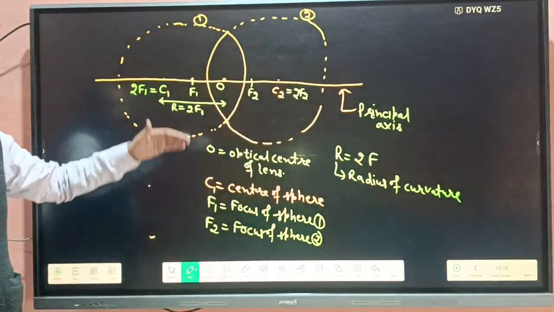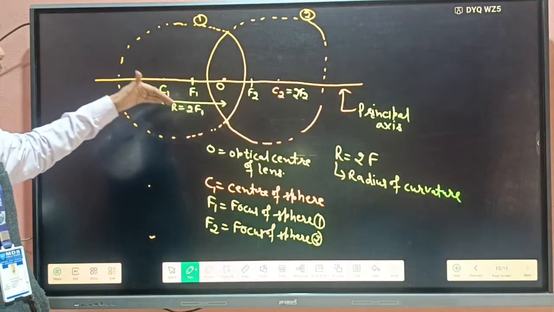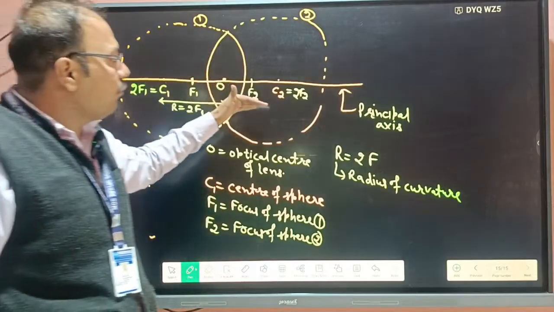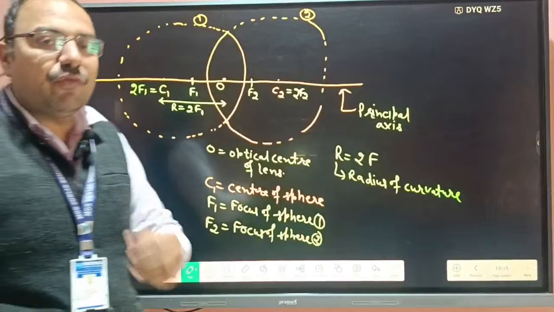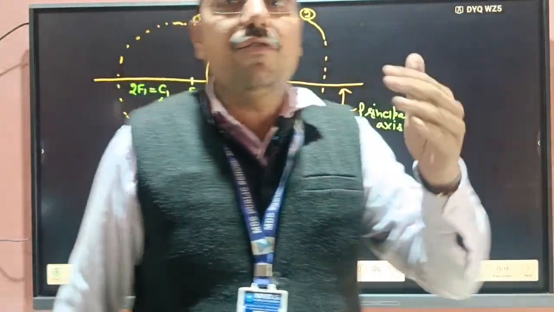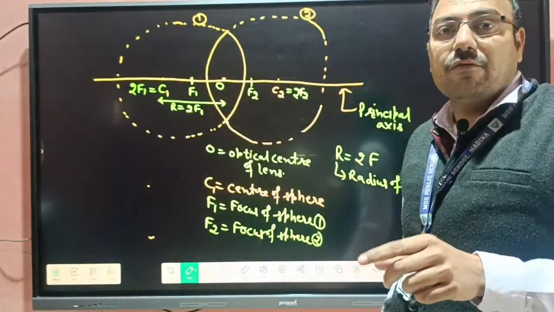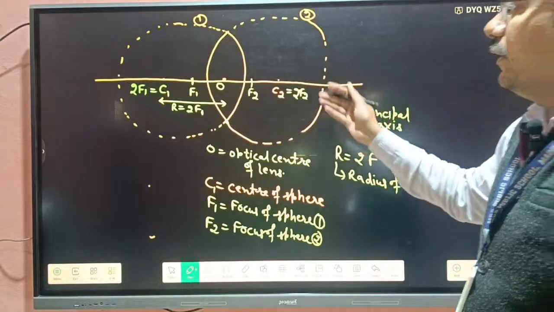Okay, so here we write points in terms of F1 and 2F1 and F2 and 2F2, in terms of focal length. But in case of a mirror, we write C, center of curvature, and focus F. So here we simply write in terms of focal length, F1 and 2F1.